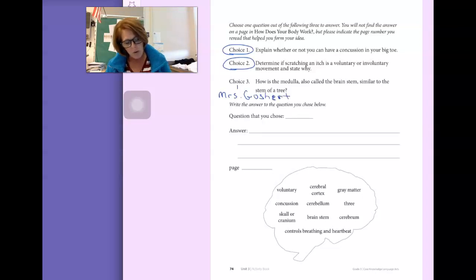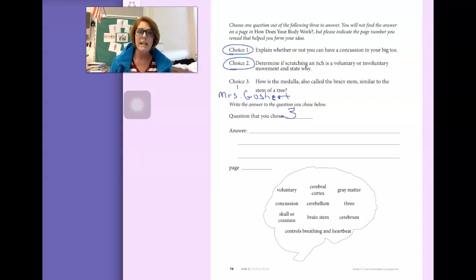Okay, so the question that I am answering is question number 3. Question number 3 says, how is the medulla, also called the brainstem, similar to the stem of a tree? Now, in the directions, it tells you you're not going to find the exact answer in the chapter. You need to use the information you're getting and come up with an answer.